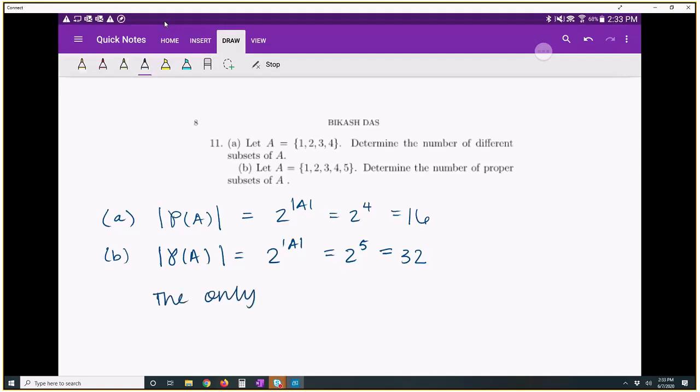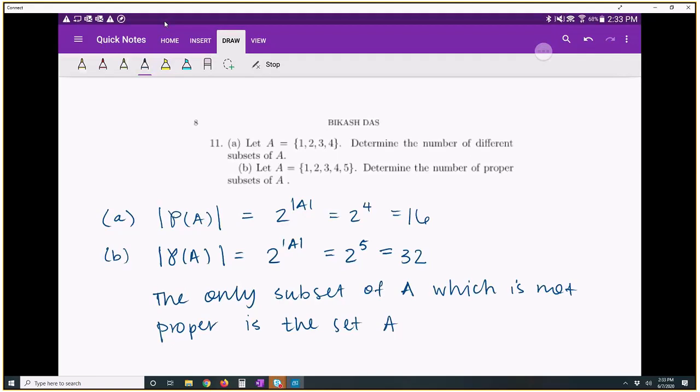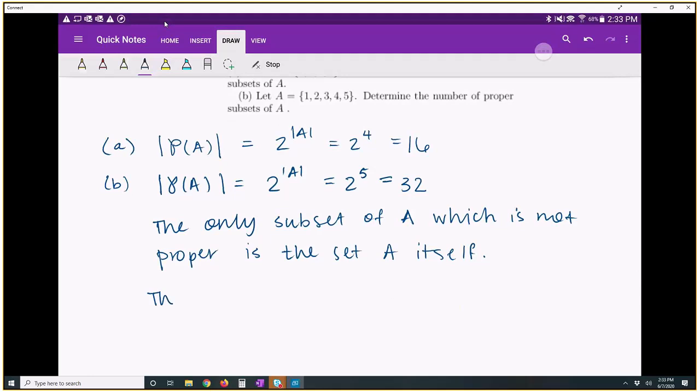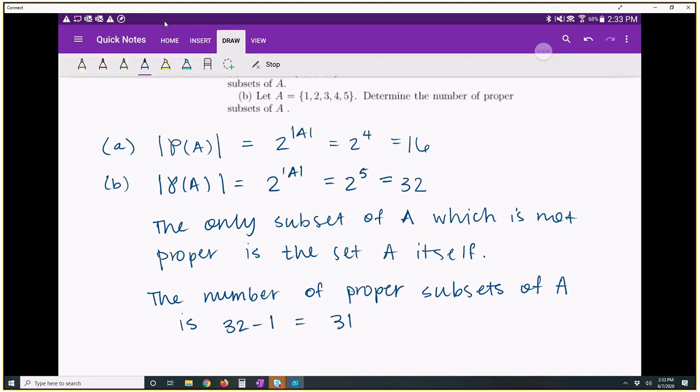And the only subset of A which is not proper is the set itself. So let's just remove it from our count. Then the number of proper subsets will be 32 minus 1, or 31.